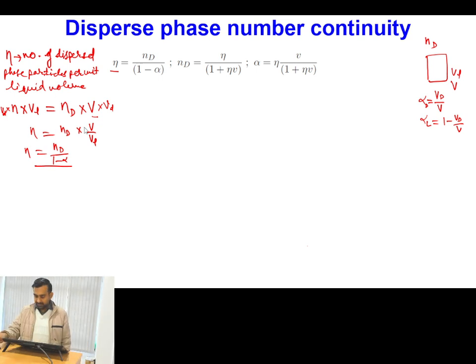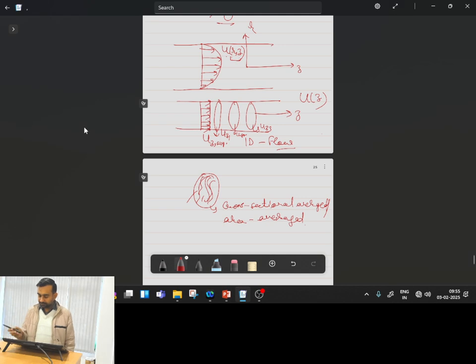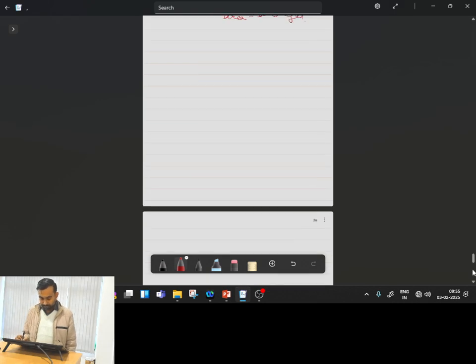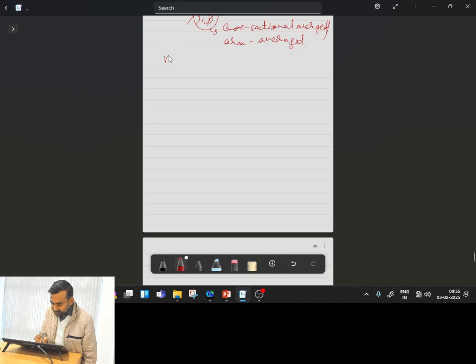Okay, let me explain this again. What is eta D? Number per unit volume. So when eta D is multiplied with volume, what has it become?